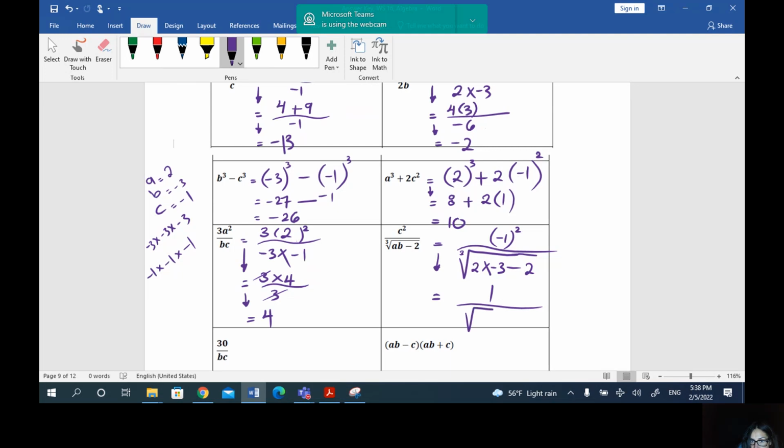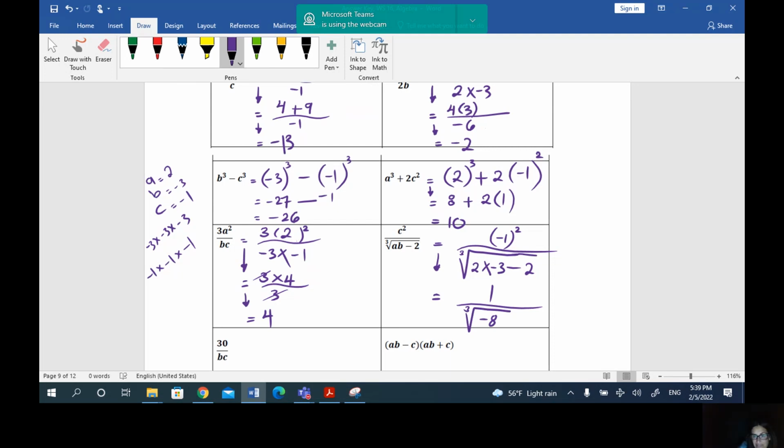Now, the cubic root of 2 times negative 3, which is negative 6. Negative 6, and negative 2, negative 6, negative 2, it's negative 8.